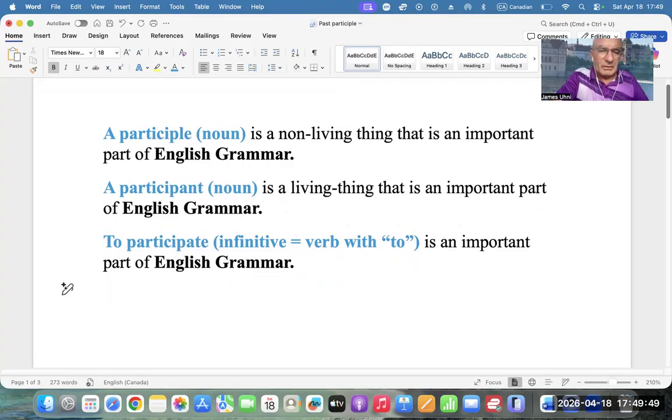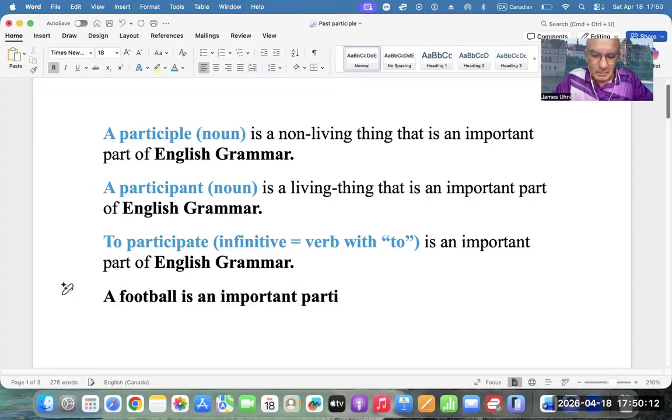So, for example, a participle, okay? A football is an important participle of the football game.